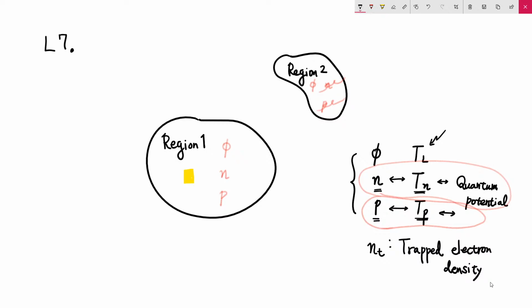Otherwise, if there is one single electron here, then considering trapped electron density at this point or that point doesn't make any sense. So simply speaking, when we consider more general structures, we should be a little bit more careful about defining variables.